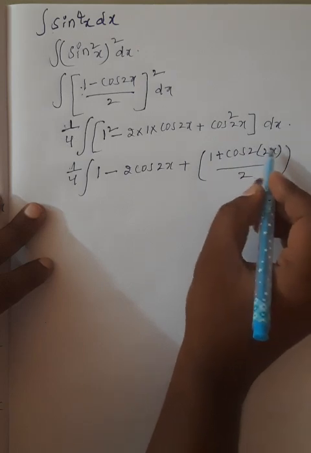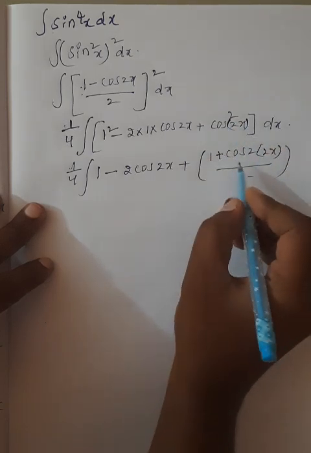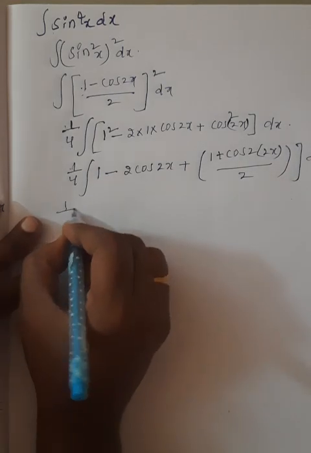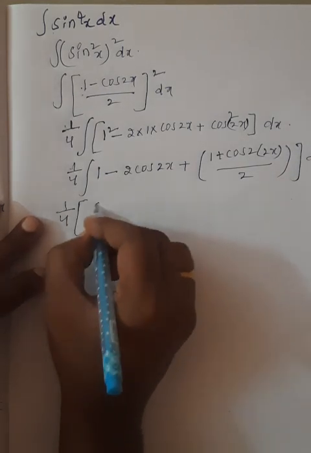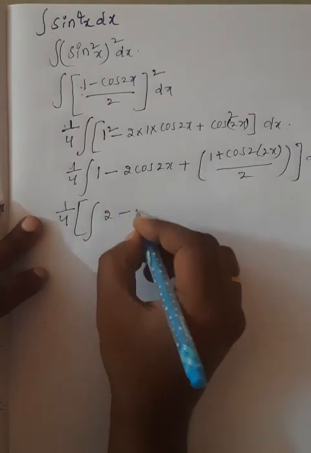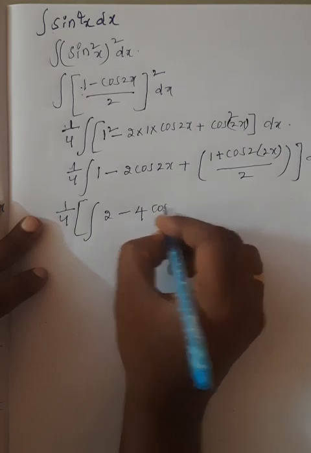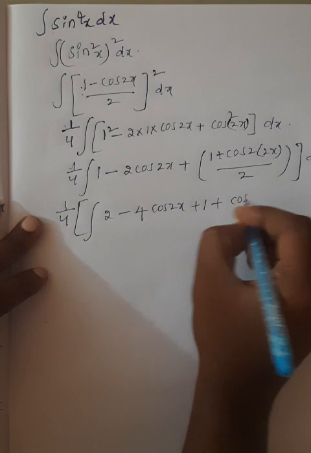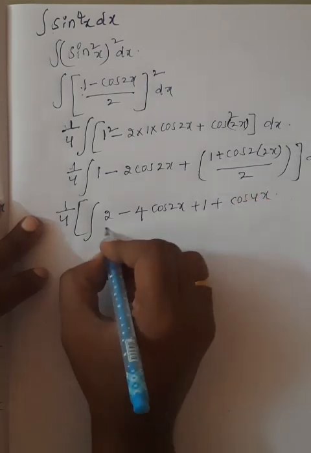So in place of x you are having 2x. So 2 into 2x will become 4x dx. Again we have to take 2 as LCM. So it will become 2 ones are 2, minus 2 twos are 4 cos 2x, plus 1 plus cos 4x, divided by 2.